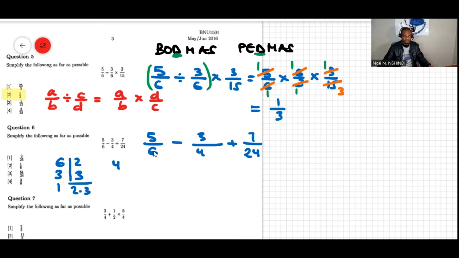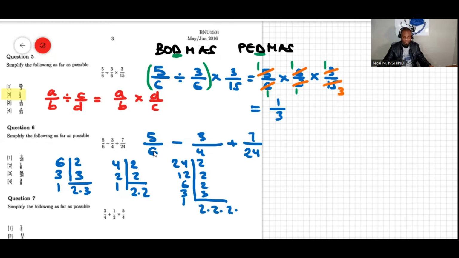Then the prime factors of 4: divide by 2 is 2, by 2 it's 1, so that's 2 times 2. And then 24: by 2 is 12, by 2 it's 6, by 2 it's 3, and by 3 it's 1. So the prime factors here are 2 times 2 times 2 times 3.